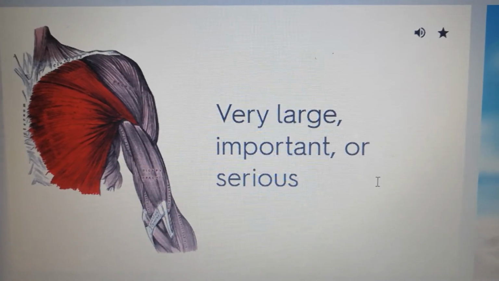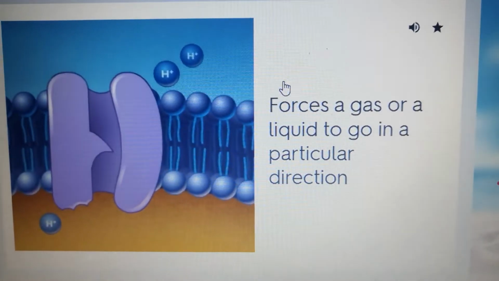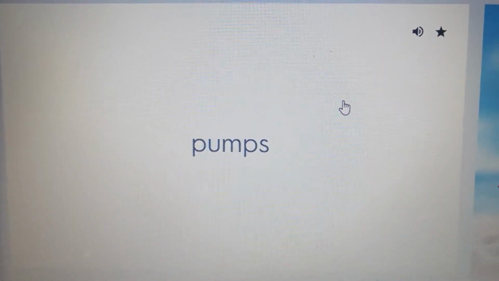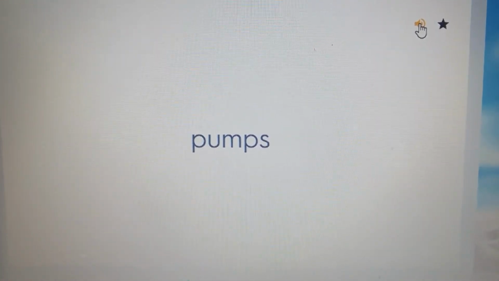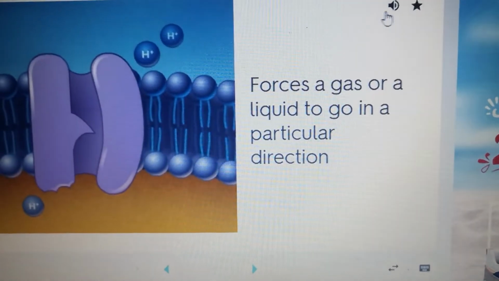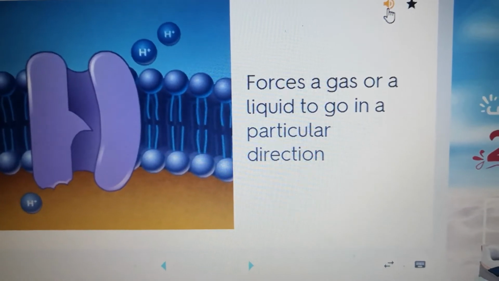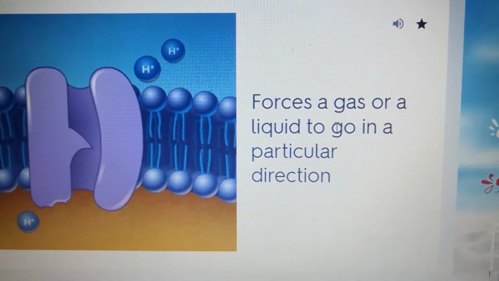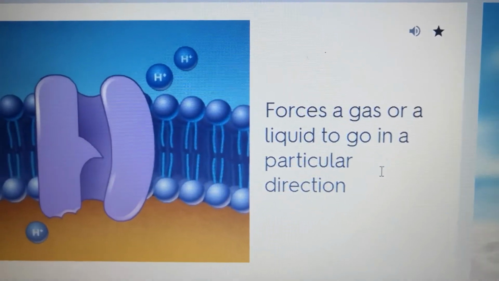Next, let's go to the next word. Okay, pumps. What is pumps? Pumps forces a gas or a liquid to go in a particular direction.